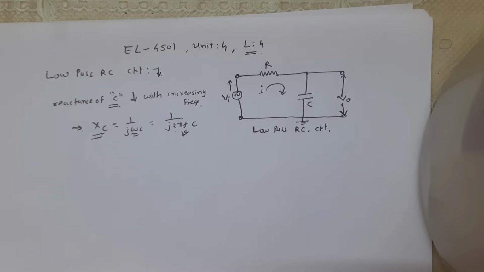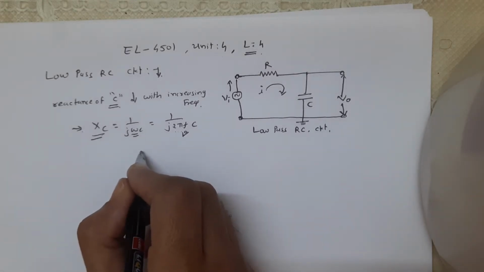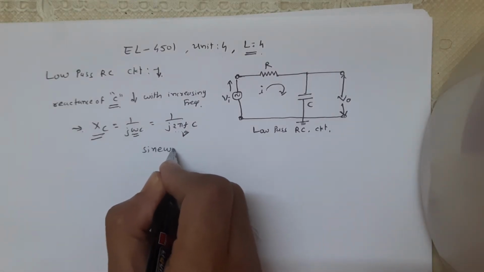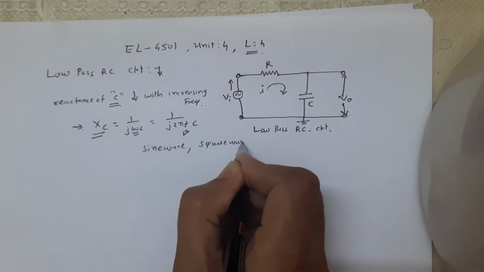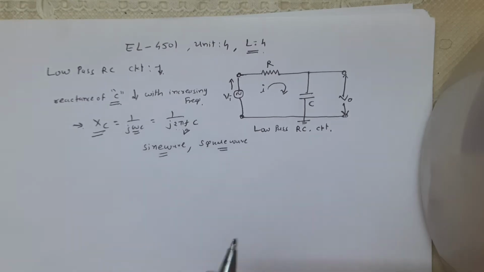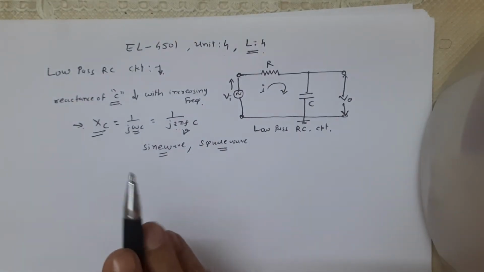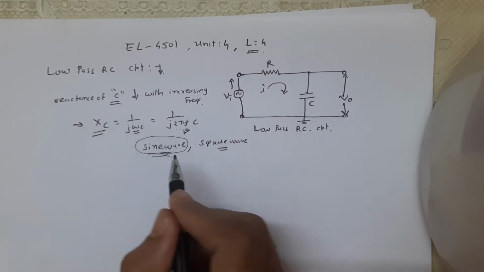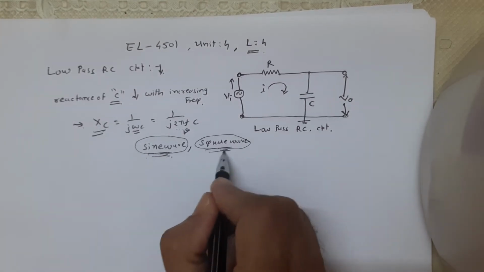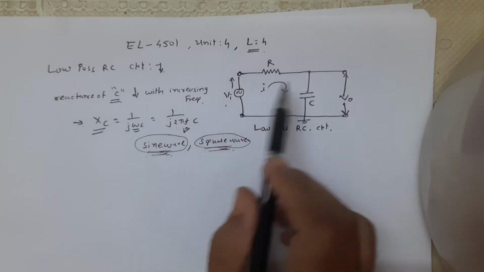Now we discuss the response of the circuit to various types of input signal. As we know, we have two signals in our syllabus, sine wave and square wave. In the high pass filter lectures, we discussed what happens when a sine wave is applied and when a square wave is applied to the input of the circuit.